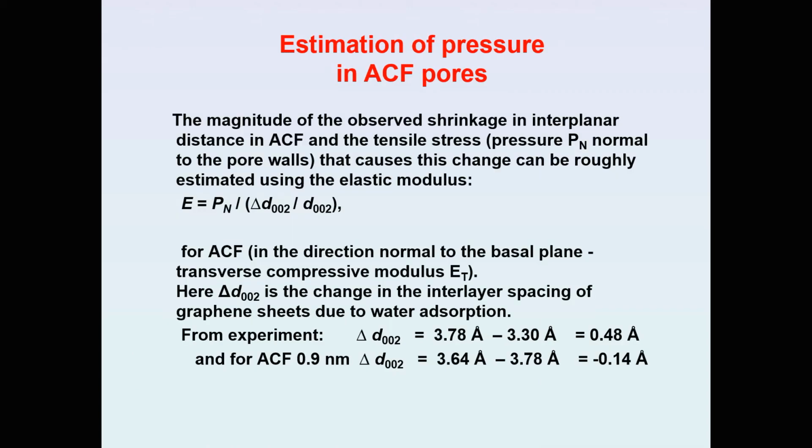The turbostratic ACF structure becomes typical for graphite. The magnitude of the observed shrinkage in interplanar distance in ACF we can calculate using the elastic modulus formula, where the tensile stress is just the pressure normal to the pore. We find that the tensile strain from experiment for ACF with pore size 1.14 is 0.48 angstrom, and for different pore sizes of ACF we find quite different results, so we find a negative change of the interplanar distances.